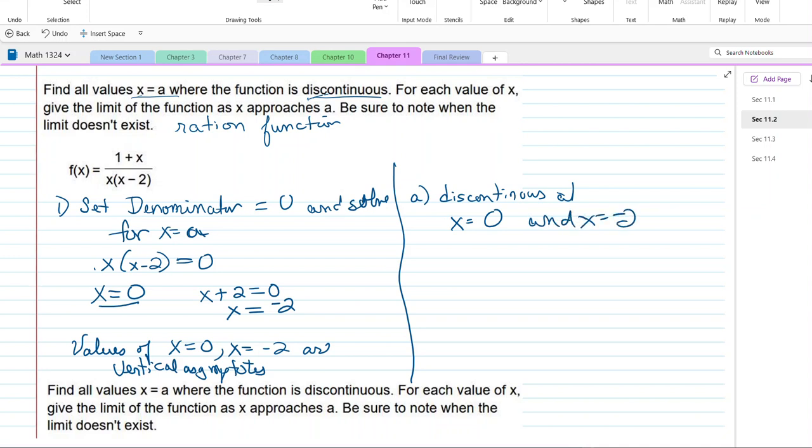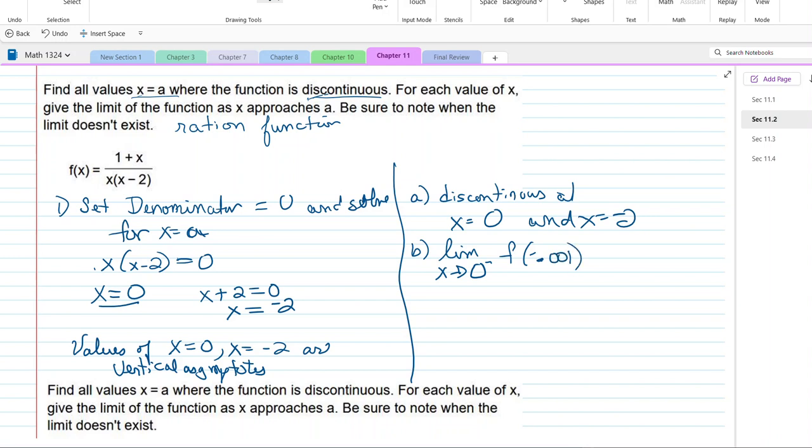All right, so we have no values. Now what they want us to do is to give the limit as it approaches these. So we need it from the left. And so we could do f of negative 0.001.